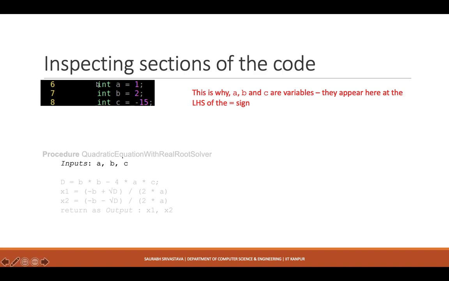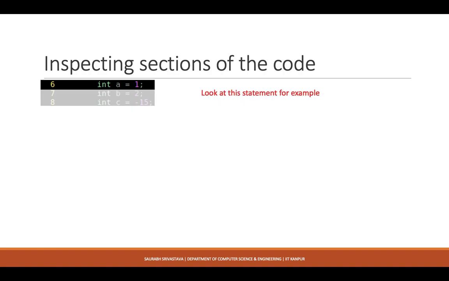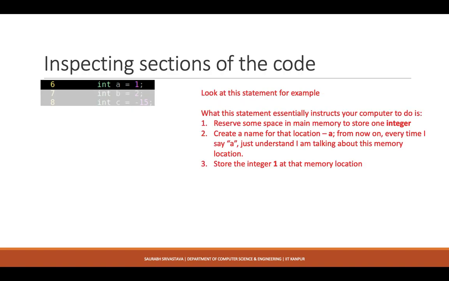So you can now see that even though in the pseudocode we simply set inputs, here I am actually providing them some explicit values: 1, 2, and -15. So it is now sure that A, B, and C are variables, something that some of you might actually have been confused about. So let's just take one of these statements and try to understand what this statement actually says.